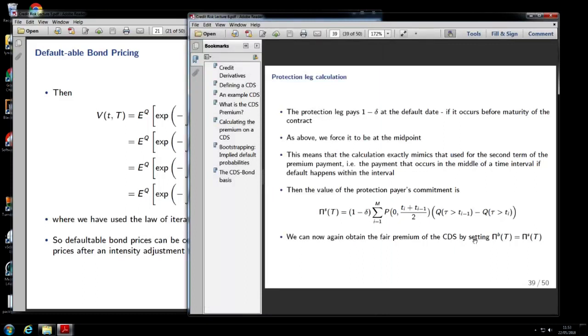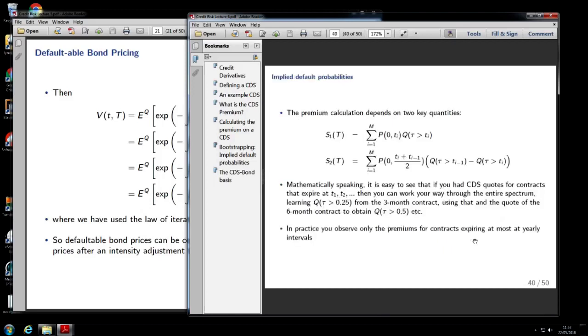Oh, and this one. So where's the 1 over C? 1 over C 0. And there's another plus, the very first payment here. So why is it 0?